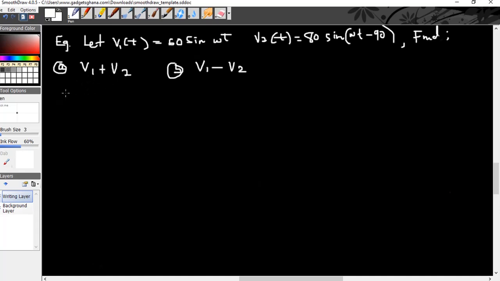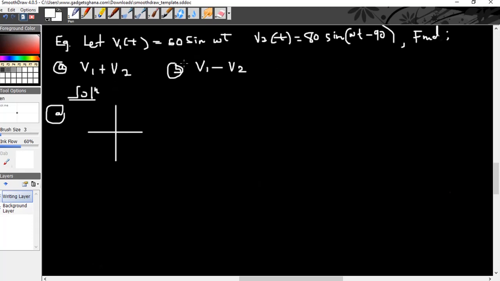First we look at the solution for a. For a we could just draw this. From here you know that these are the x and y axes.